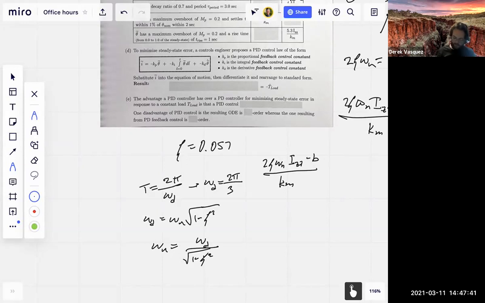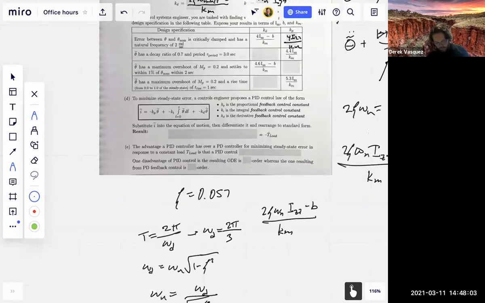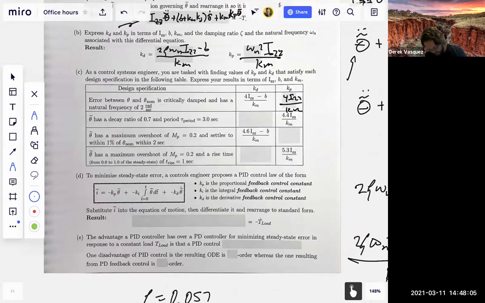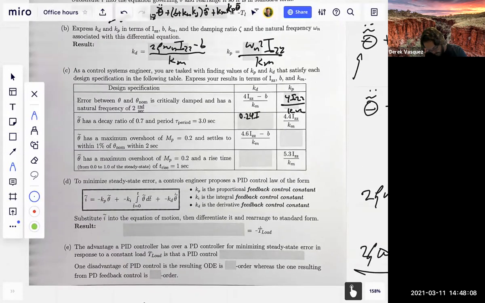All right, so we have 2 times zeta, 0.057, times 2.09 equals 0.239. So that's about 0.24 IZZ minus B over Km.